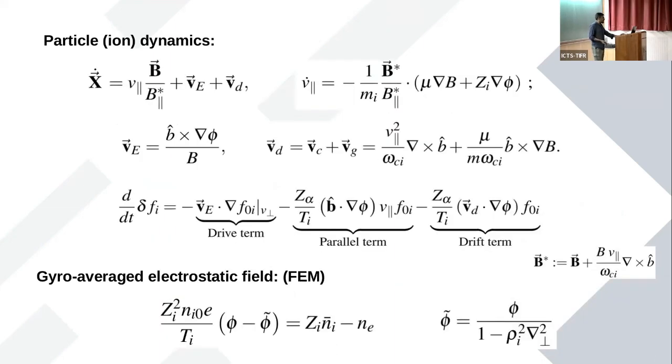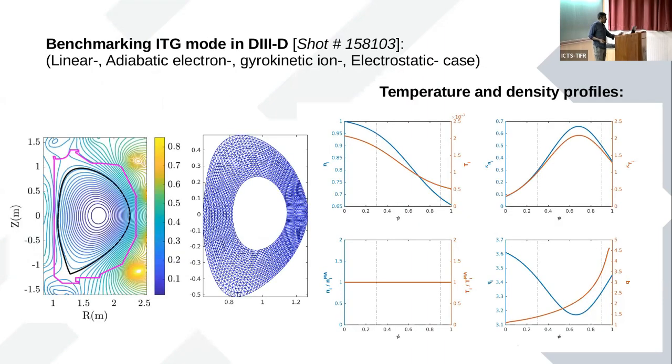These are a set of equations you can use to simulate the particles as well as the fields. For example, over here you see the evolution of the particle, and the corresponding fields on the grid can be calculated using the Poisson equation. Now, fine. So these are the set of equations we can use and solve.